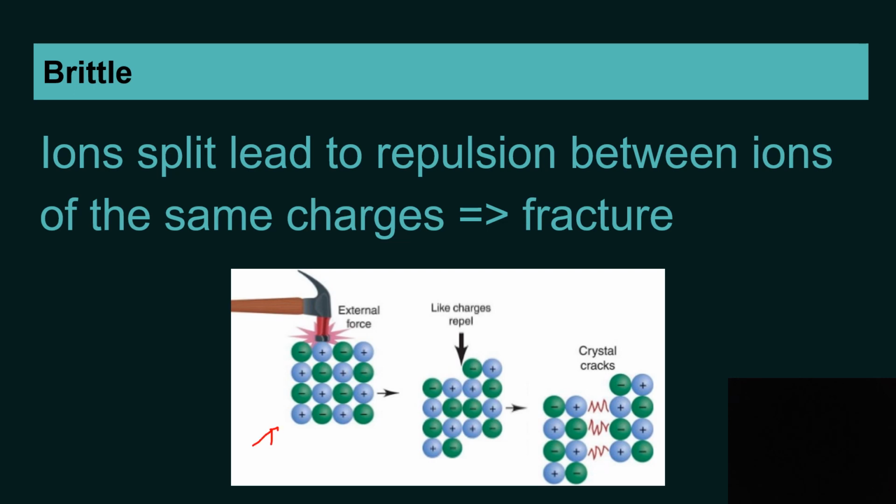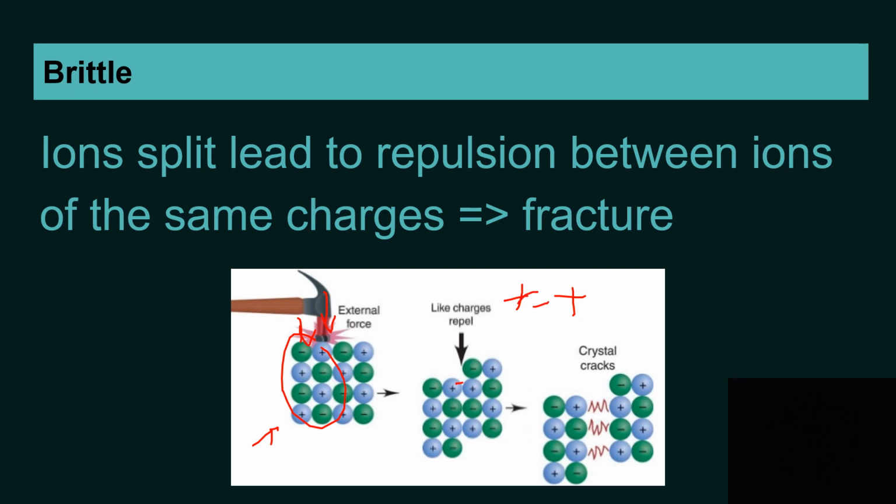So when a force is applied to them, and here we see the hammer, if we push the side down, as we can see here, when this part moves down, it will meet atoms with the same charge. And as you know, if the same charges meet each other, they create repulsion and push each other away.